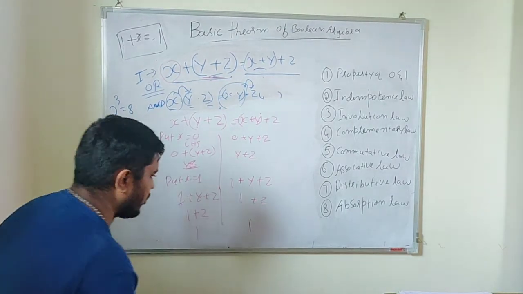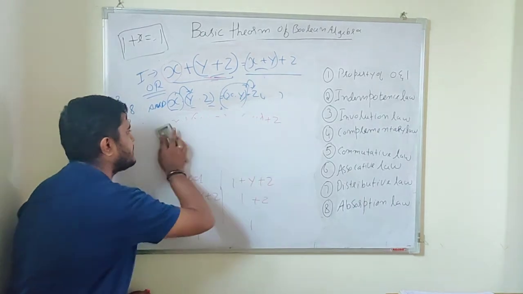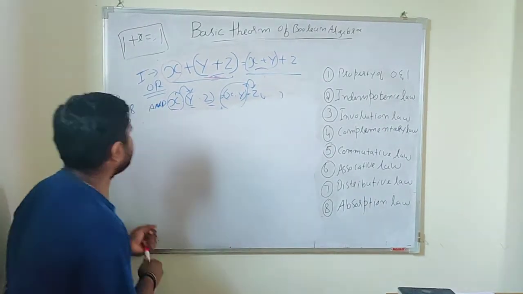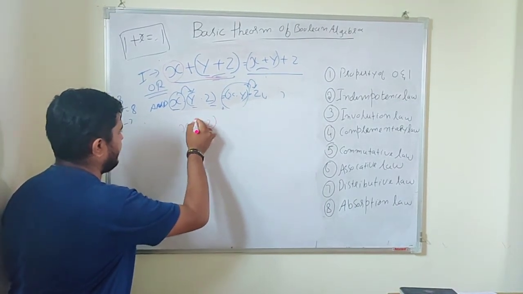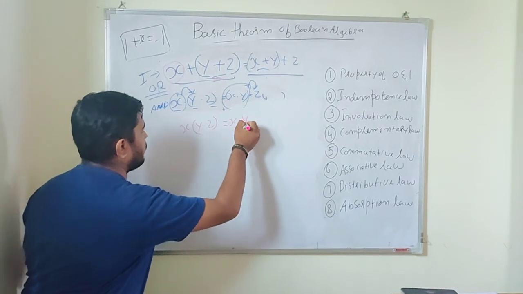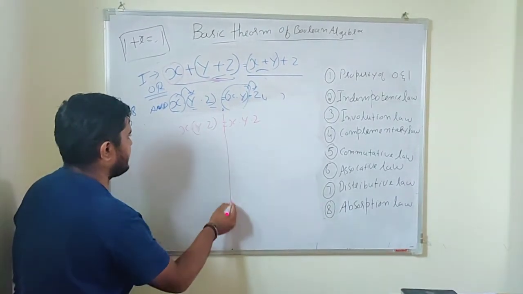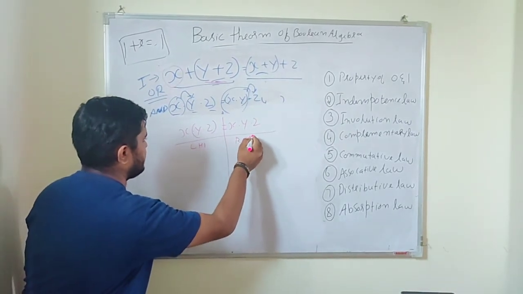Now how do you prove for the AND gate? To prove the AND gate, you are going to take the same equation with AND. So x into y into z is equal to x into y into z. So now separate this LHS and RHS.